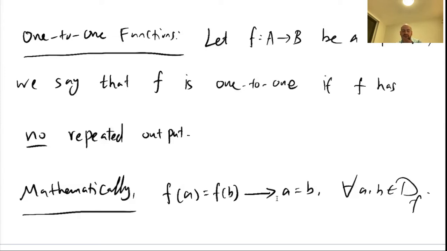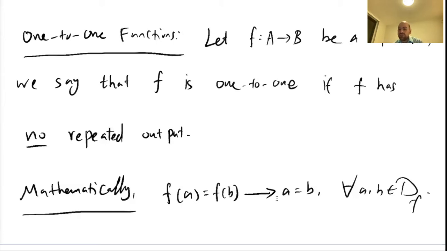For example, in the example of the height of the students, it is possible that two different students, let's say student number 1 and student number 10, are both 160 centimeters.